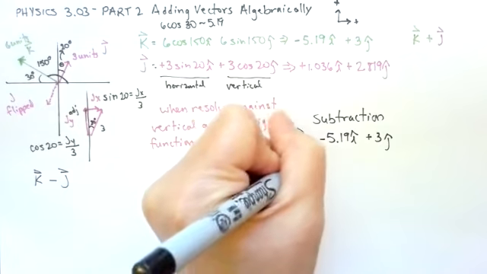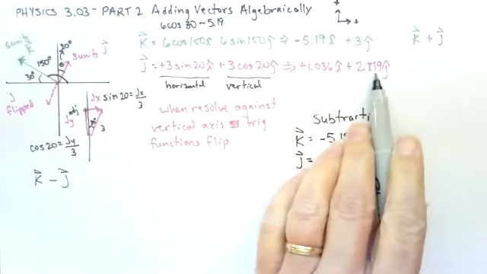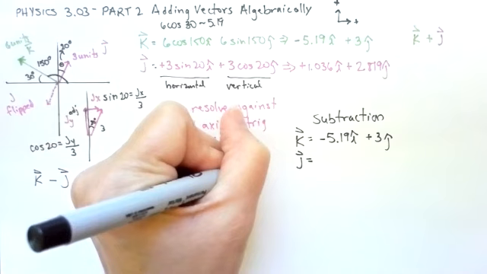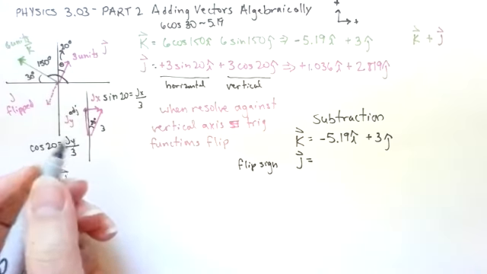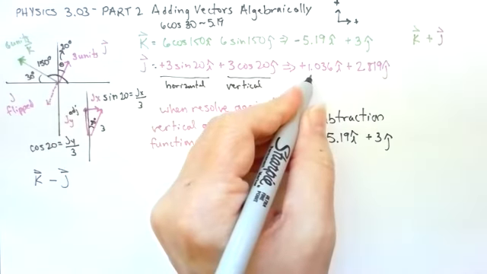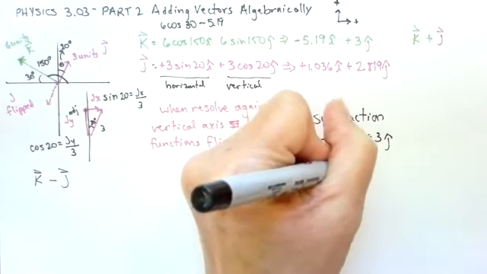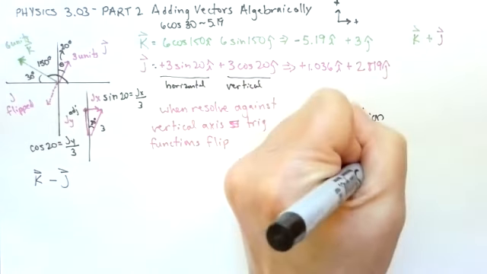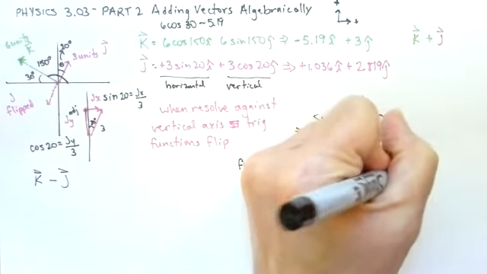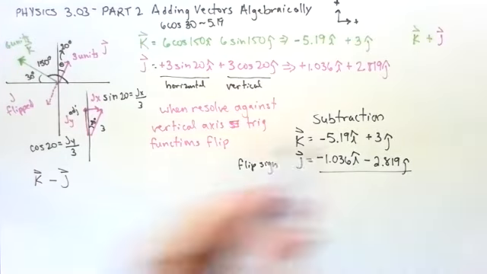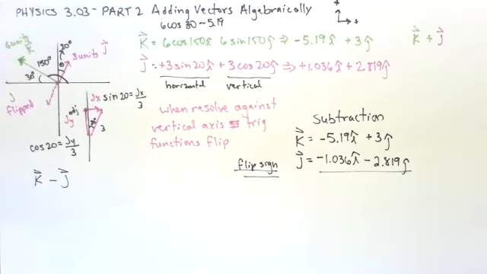For vector J, all I do is take my components and flip the sign. So instead of having a positive 1.036, I'll have a negative 1.036 i, and I'll have a negative 2.819 j. I sum them up and then I go on as usual. But to subtract, flip the sign.